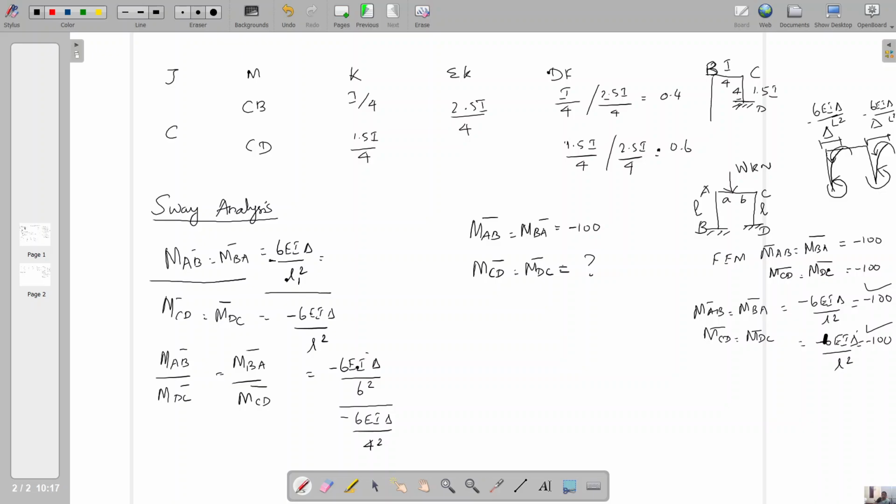And also we have to note the value of I here. For the columns, we have to note the value of I. What is the I value for the first column? It is 2 times of I. Here it is 1.5 times of I.